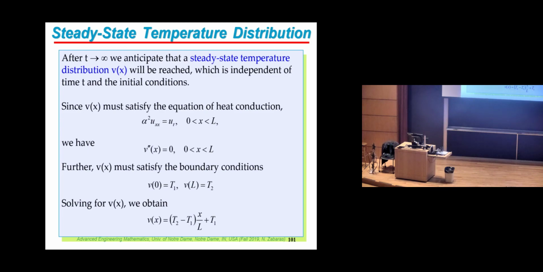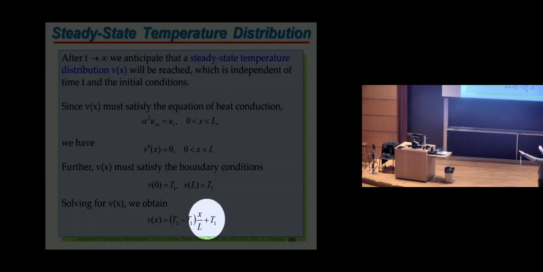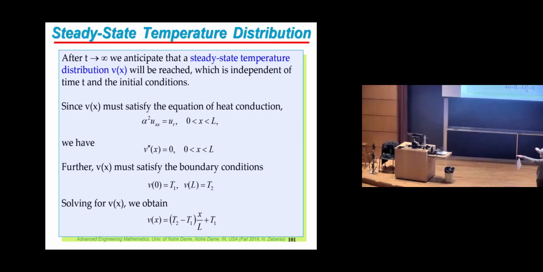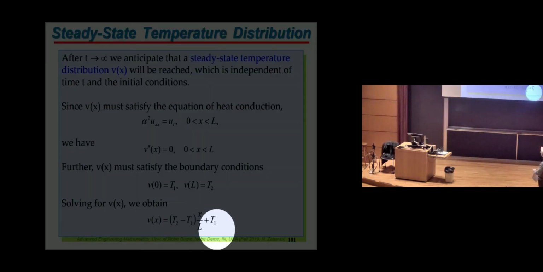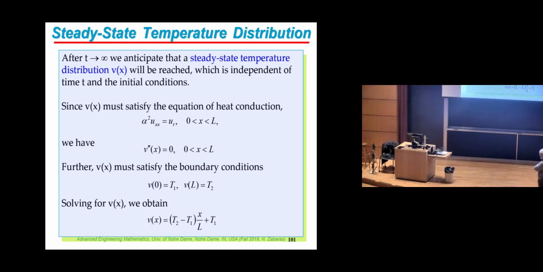My real problem has initial condition f of x. So I need to add the steady state to some initial condition for the homogeneous problem so my result is f of x. So what should I take as initial condition in the homogeneous problem?